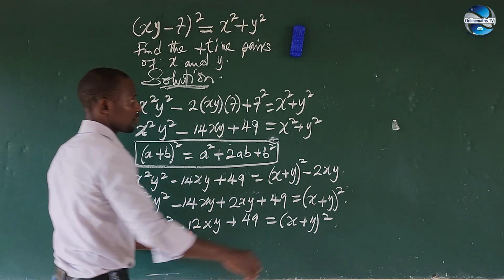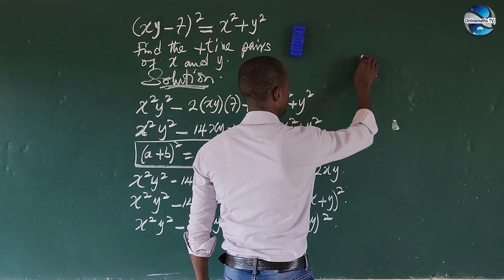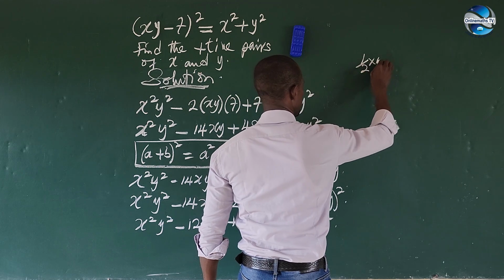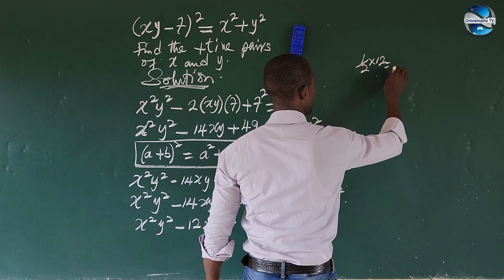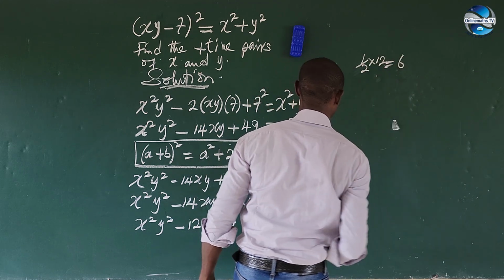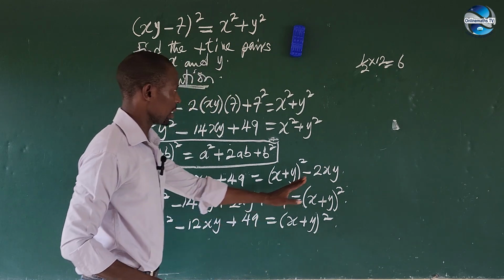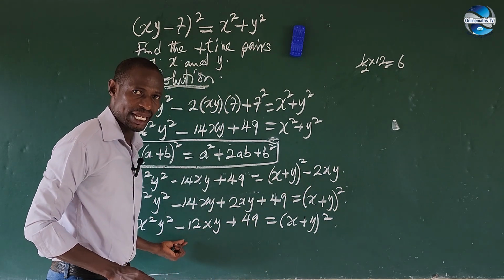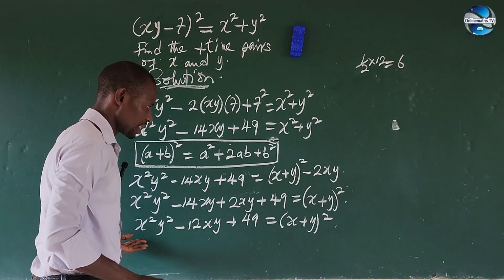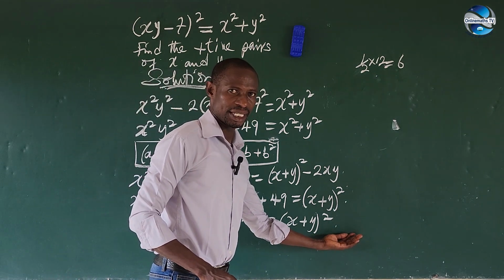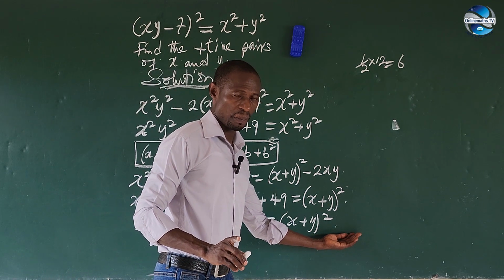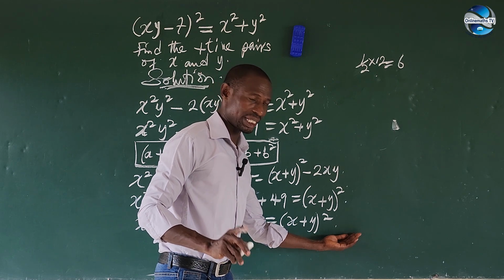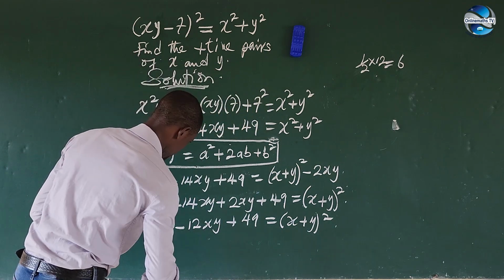Half of 12 gives us 6. Looking at the sign, it's −6. We add its square to this side and, at the same time, to the other side. Remember the completing the square method in solving quadratic equations. Good, so let's do that.